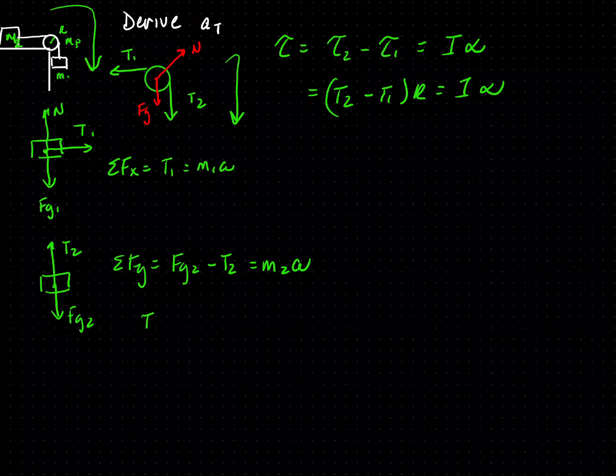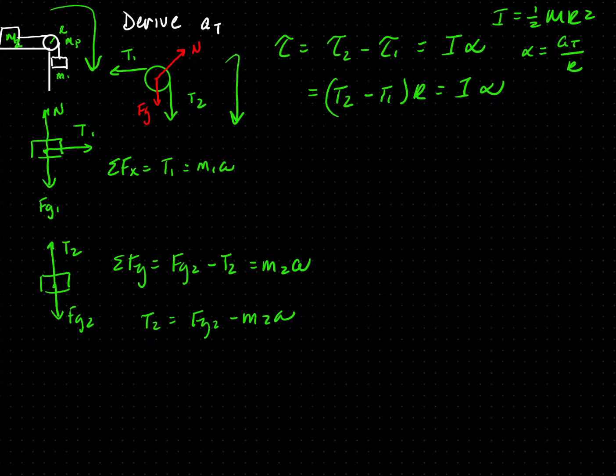So T2, if I rearrange this, is going to be Fg2 minus M2A. We know from the previous problem, I is equal to 1/2 MR squared for the pulley. We also know alpha is equal to AT over R, because A tangential is equal to the radius times the angular acceleration.